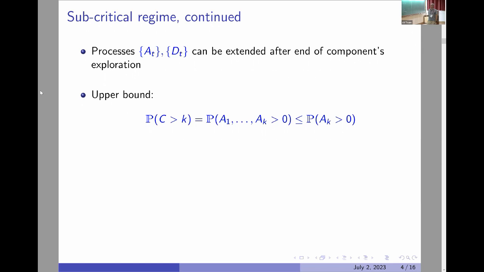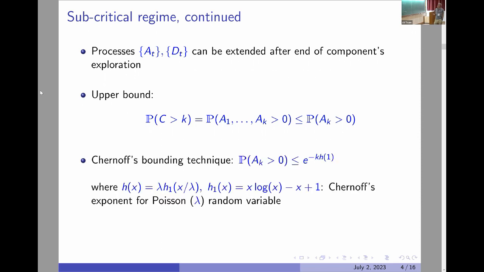Okay, so I upper bound my tail distribution for the size of a connected component by this. Then I use Chernoff's inequality, and it turns out that I can upper bound this by binomial of n and p.